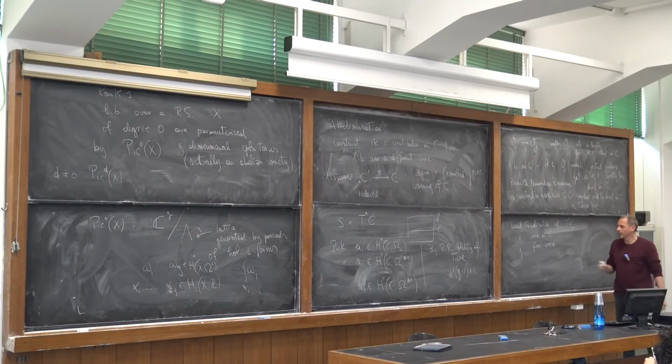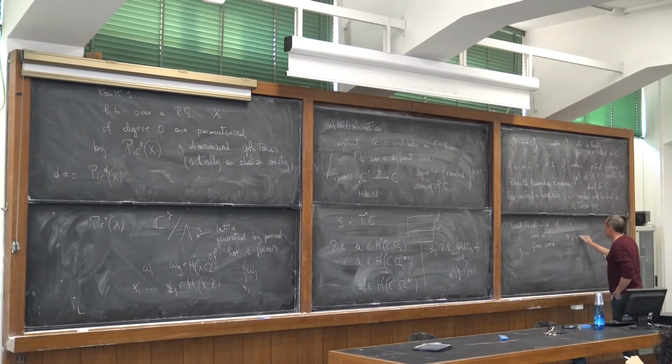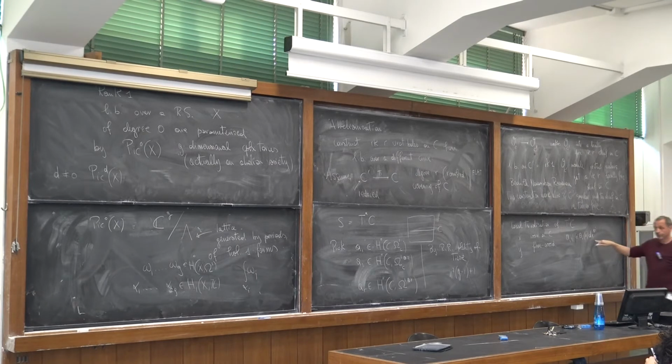Maybe they should be called q and p, but x and y. So these things here are locally written as some holomorphic functions times the local basis.